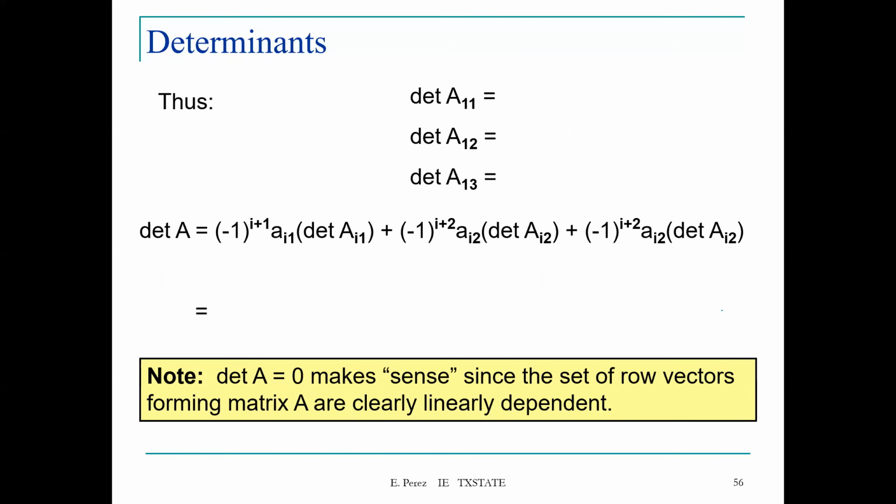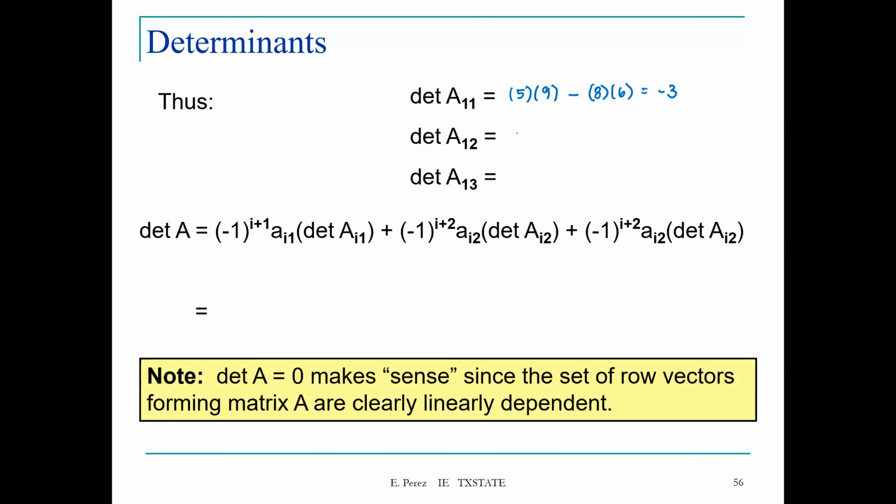So the determinant for each one of these cases is as follows. The determinant of A11 will be equal to 5 times 9 minus 8 times 6, and this is equal to minus 3.